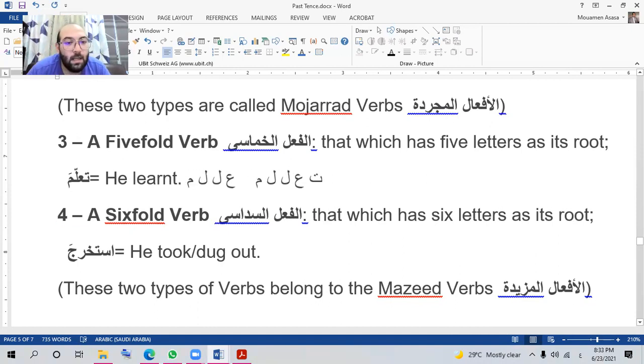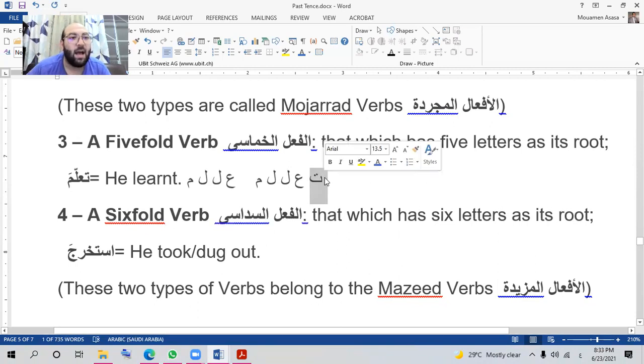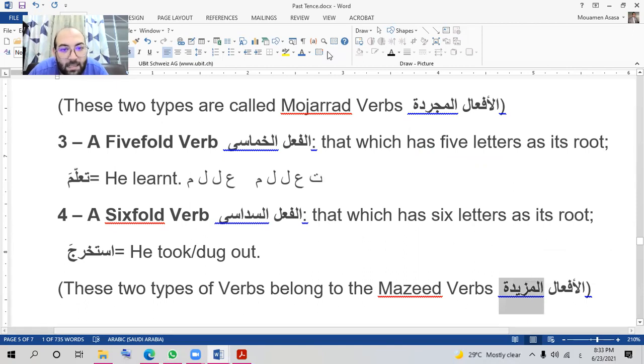Allama is a verb. When I add a ta, I have another verb with another meaning. So these verbs, we call them af'al al-mazida. What is the meaning of al-mazida? Al-mazida means that these verbs have additional letters added to the origin root that make a new meaning. Like istakhraja, he dug out. Another verb from it, kharaja, got out. Kharaja is a 3-fold verb.